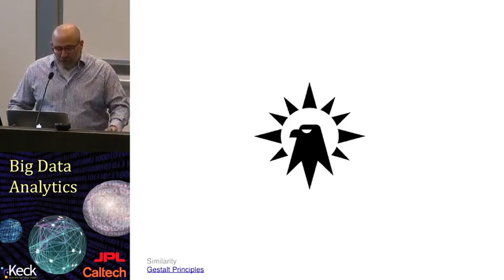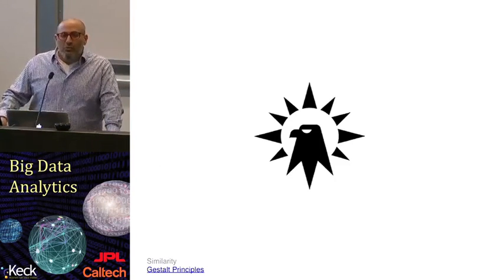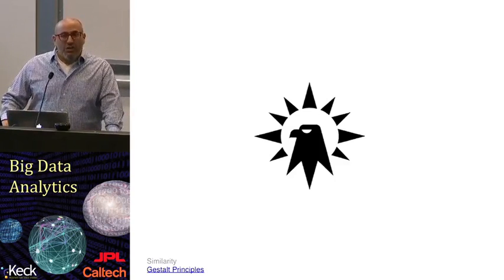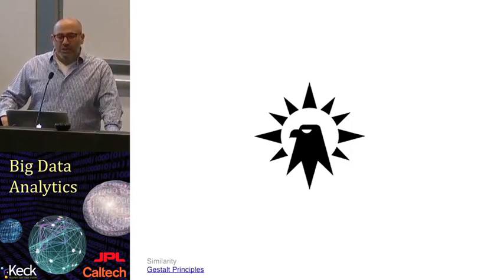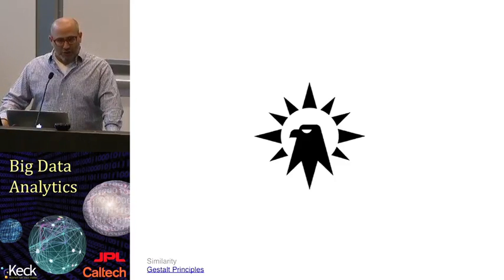Look at this first concept here. The idea is called similarity. What it means is that the mind takes shapes that have a similar semantic relationship or shape and brings them together. What you see here is this eagle shape, but around the eagle are effectively just a series of triangles.